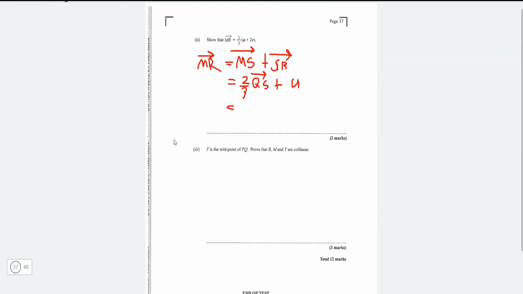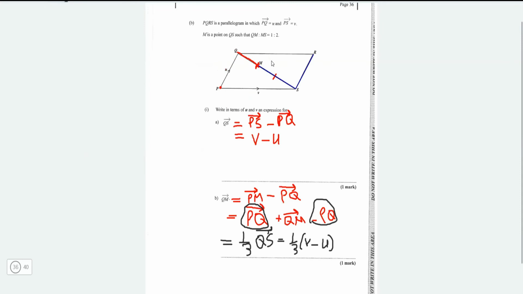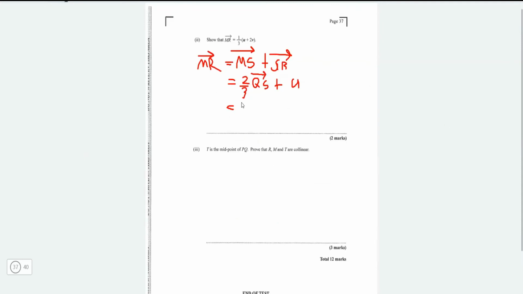But then QS was what? Looking back at it, QS was V minus U. So this is going to be equal to 2/3 of, in bracket, V minus U. Now I'm adding plus U. Instead of adding plus U, I'm going to write U as 3U over 3, because this allows me to add my fractions.